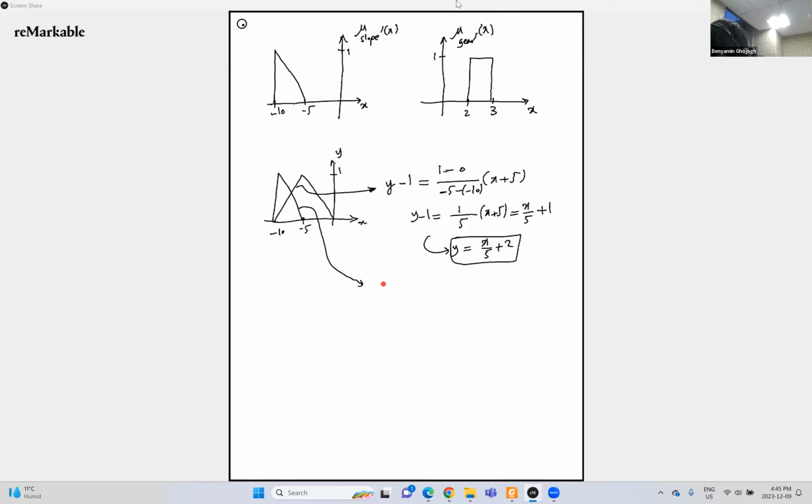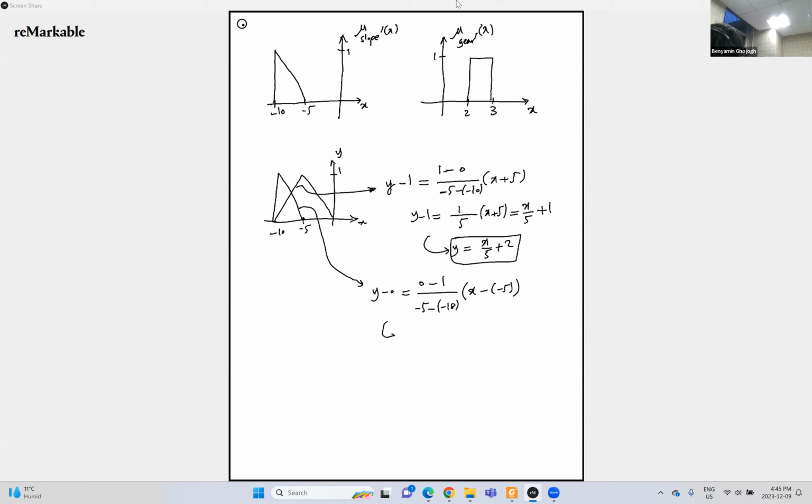Then what about this line? The equation of this line. So y minus 0 equals the slope times x minus -5. What is the slope? 0 minus 1 over -5 minus -10.